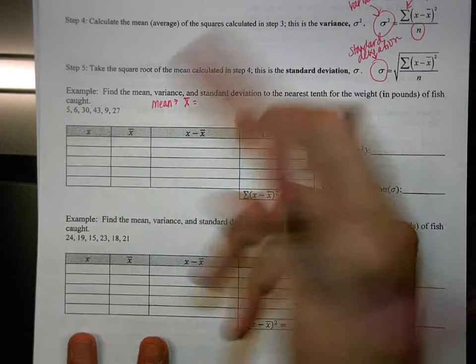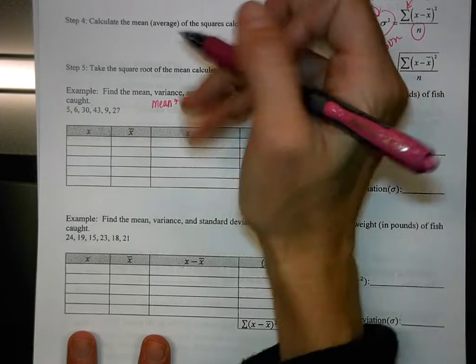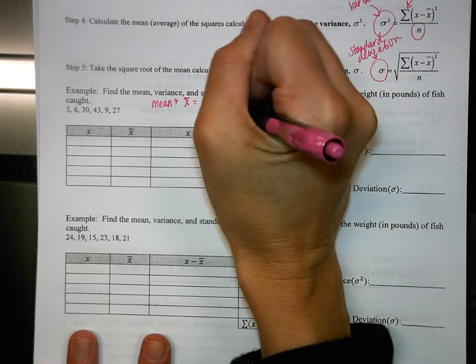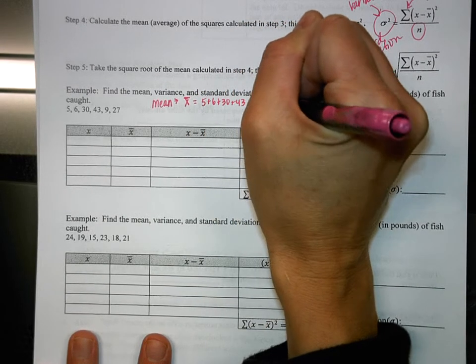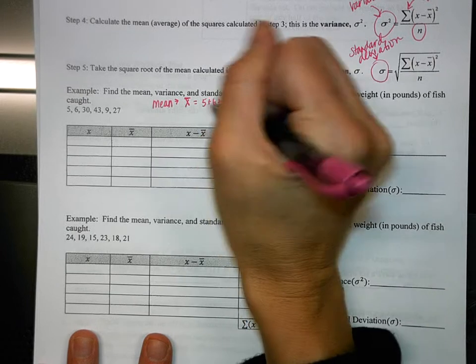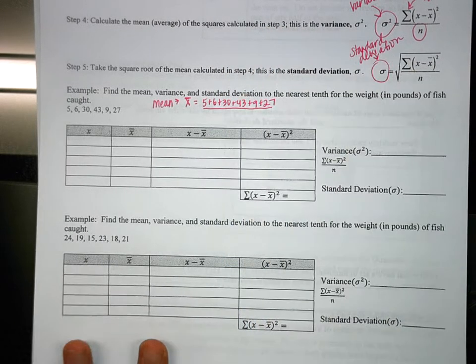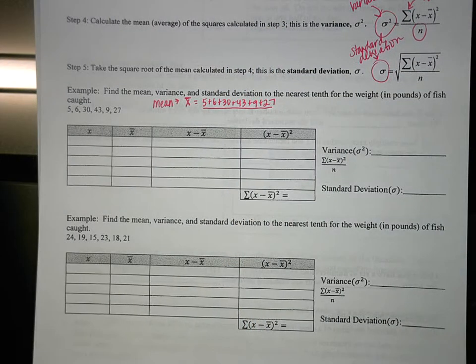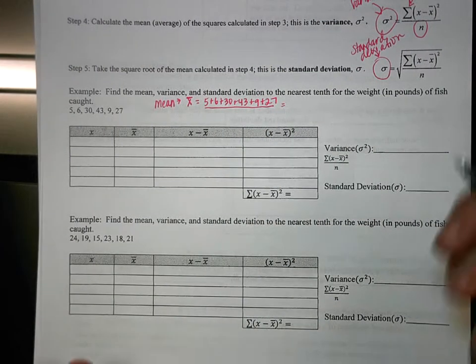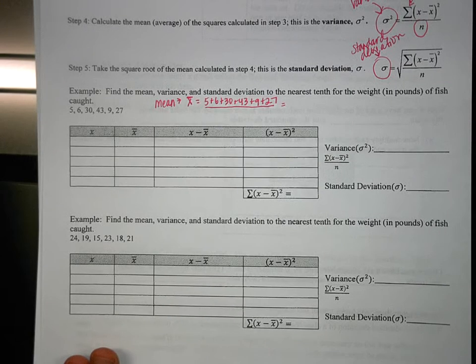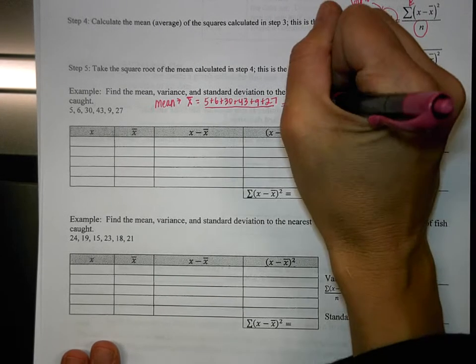Okay, so just to write it out so we know exactly what we're doing, I'm going to go 5 plus 6 plus 30 plus 43 plus 9 plus 27. And the nice thing is that I get to use my calculator. So I'm going to type all of those values into my calculator. And when I do that, I get the value of, anybody find it? 120.